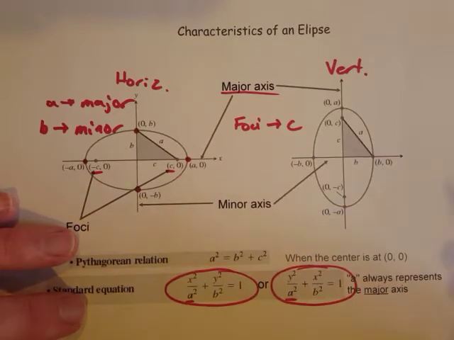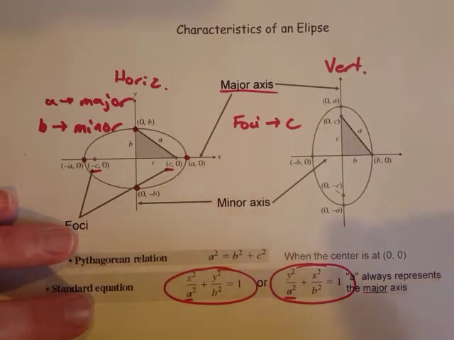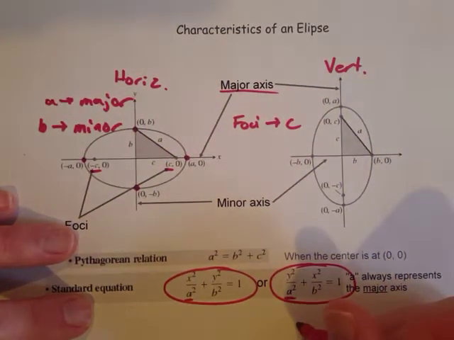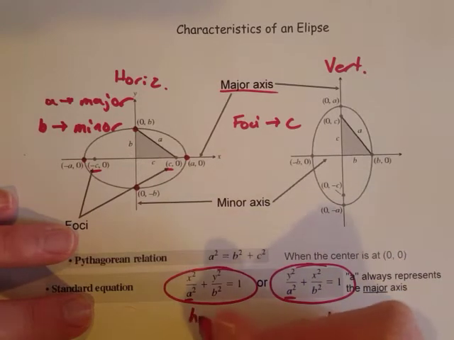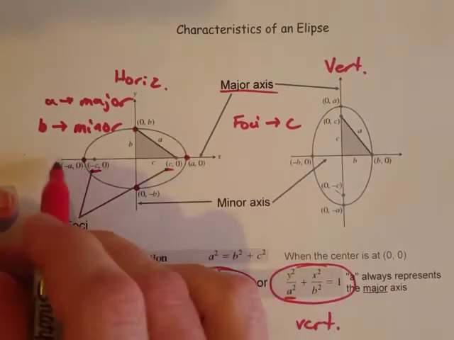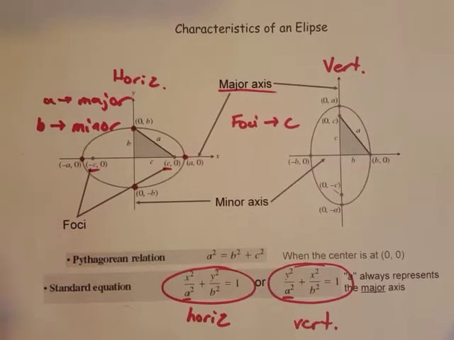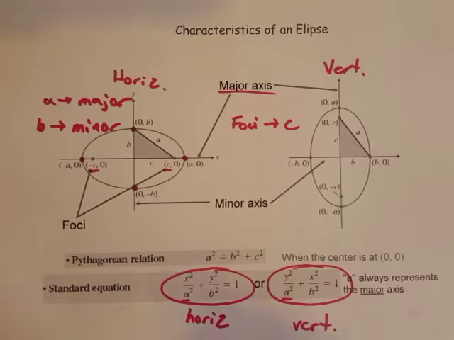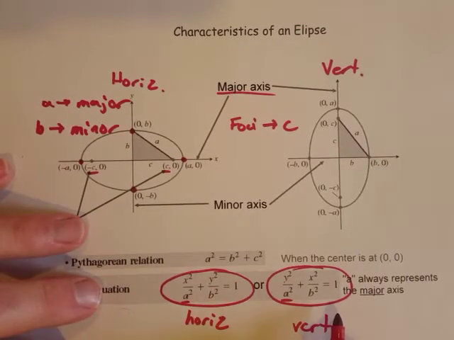When you use this form of the equation, that means the A is on the vertical portion, so this is going to be a vertical ellipse. This one's going to be a horizontal ellipse because the A is under the x. That's the longer side in this case. So we're going to use this to graph equations. We're going to find out these pieces from equations.